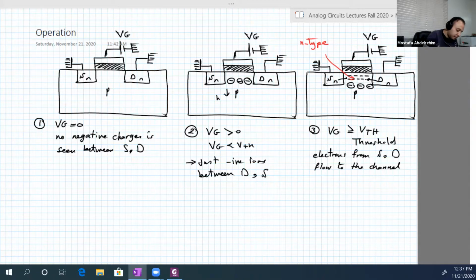Good. Since this is N-type region or N-type channel, we call this NMOS.